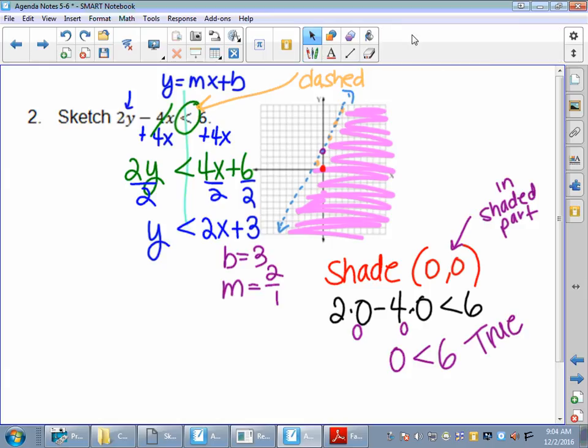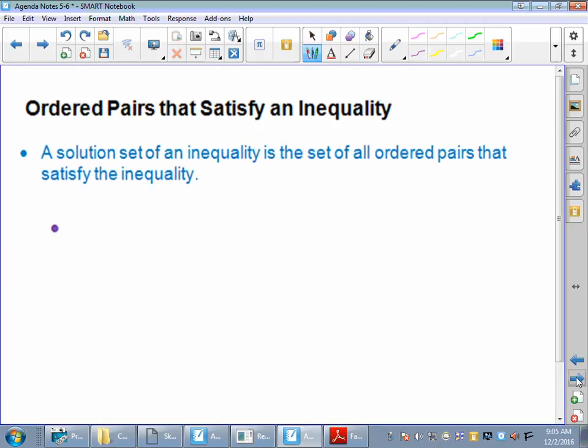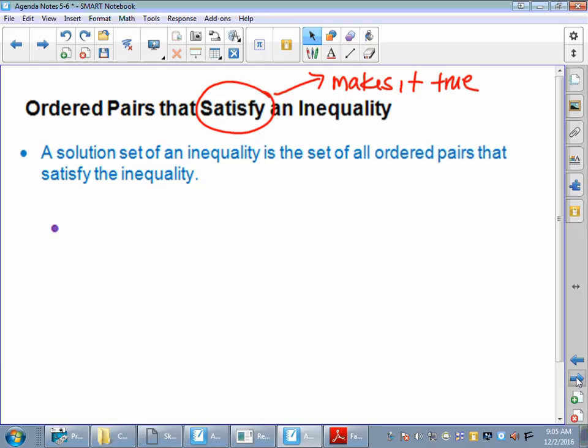So that is our graphing of inequalities with two variables. Let's do a quick talk about ordered pairs that satisfy. The word satisfy is kind of a strange word to use in math, but satisfy means that it makes it true. So a solution set of an inequality is the set of all ordered pairs that satisfy or make the inequality true.